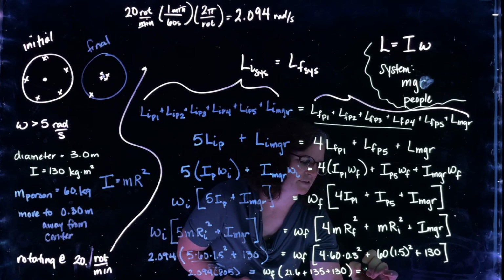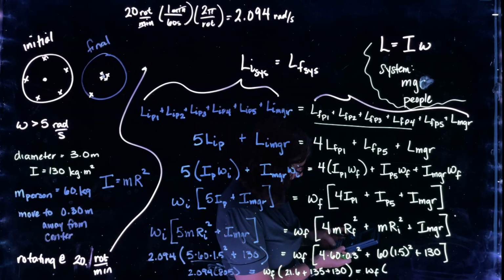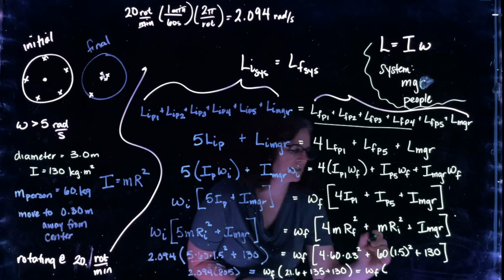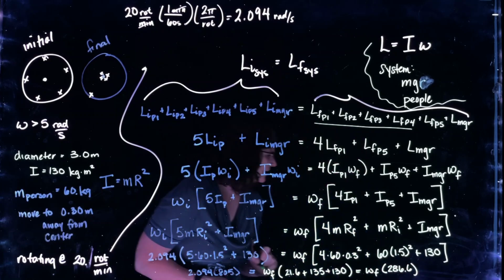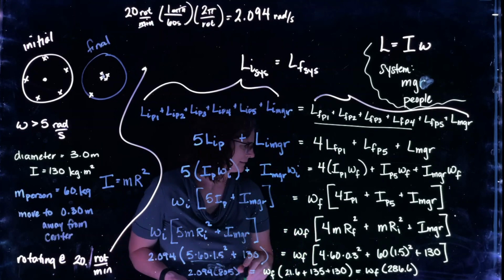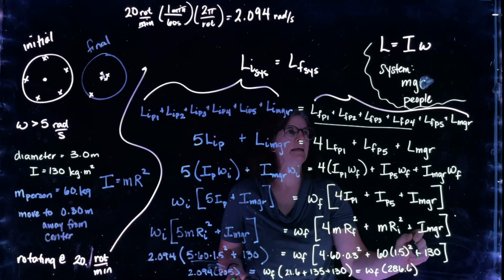So that equals W final times 130 plus 135 plus 21.6. Probably could do that in our head. 286.6. And now I am totally out of room. So let's see. We're going to solve for V final, omega final, excuse me.